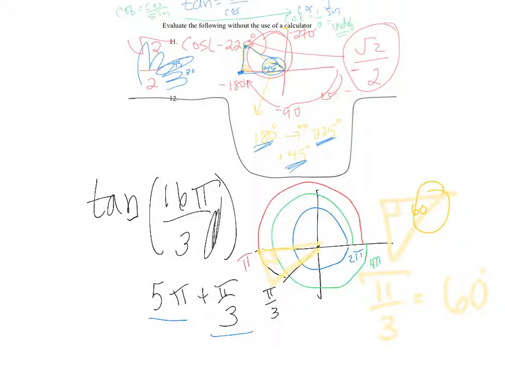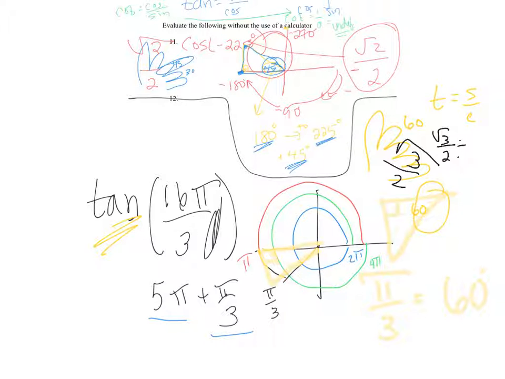So let's just think about 60 degrees with a hand trick. 1, 2, 3, 4, 5. So 60 degrees is right here. Now tan is sine over cos. Sine is on the right, so it's square root of 3 over 2, divided by cos, which is on the left, so square root of 1 over 2, or 1/2.